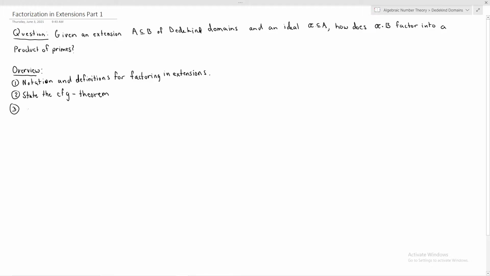We're going to prove a lemma, basically that the Galois group acts transitively on the primes over a given prime. So I have a Galois extension of number fields, and A and B are rings of integers in those number fields.